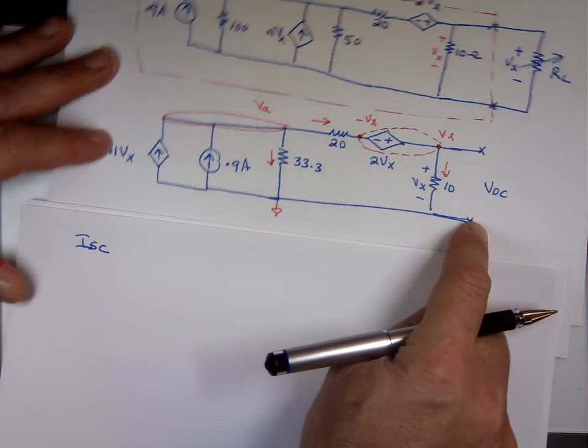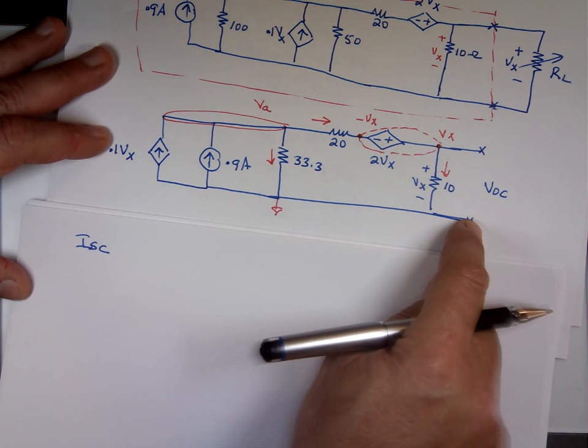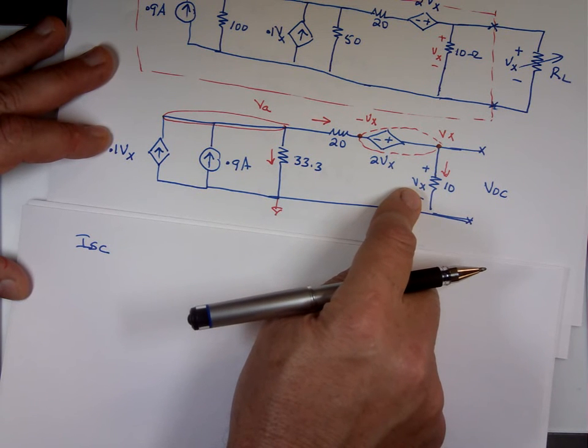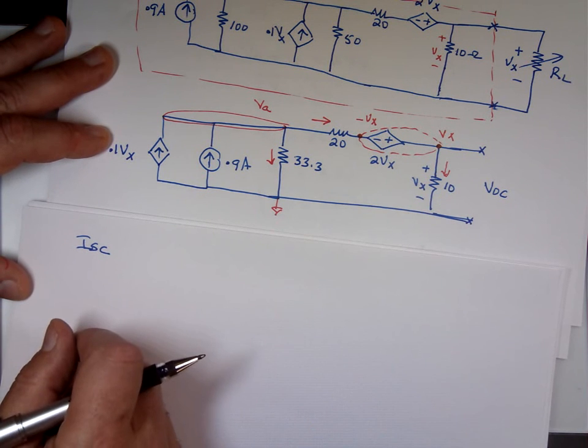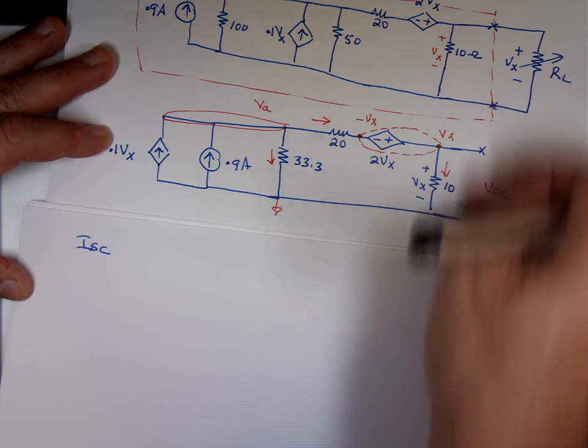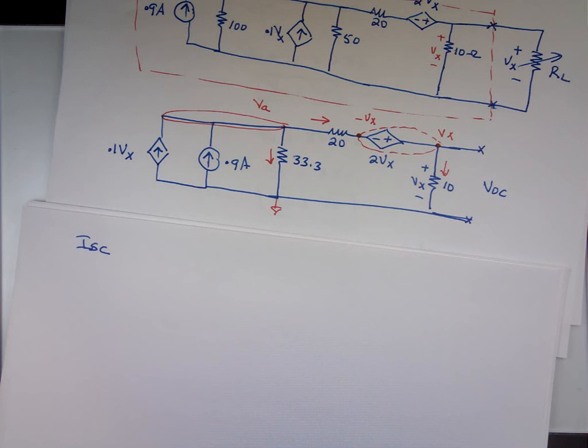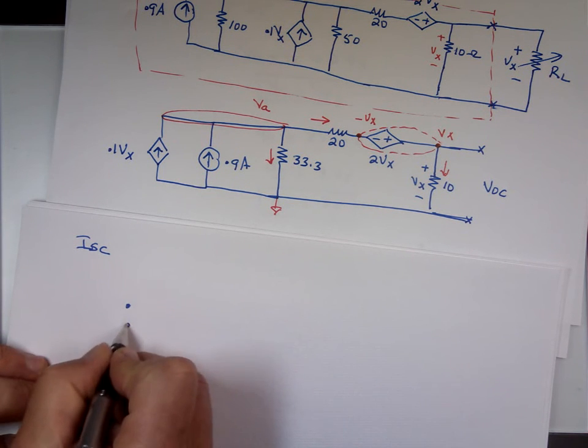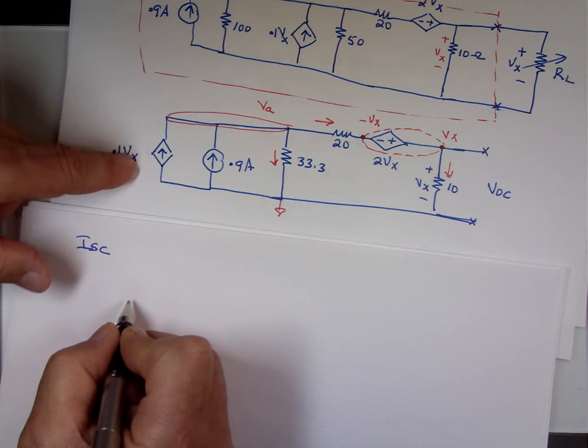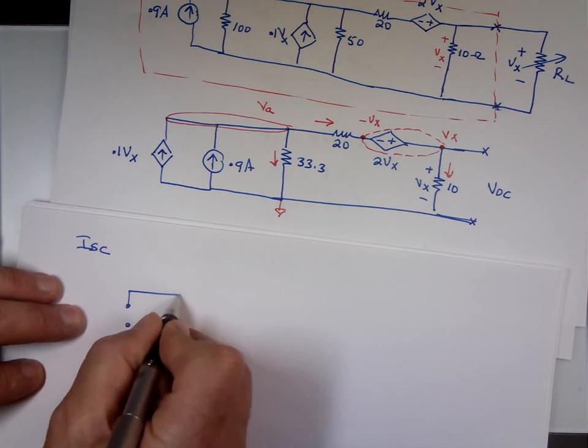And once you put a wire, what happens to that Vx? It's gone. 0, right? Because there's a wire connecting that. So Vx is 0. What will happen to that current source? That's gone, because 0.1 times 0 is 0. Current source to be 0 means an open circuit.